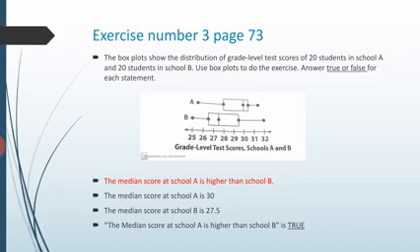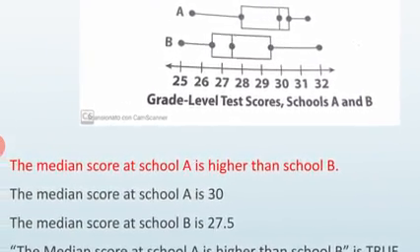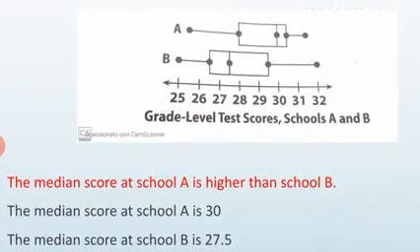They say that the median score at school A is higher than school B. We have said that the median is the vertical line in the rectangle. In the rectangle for A, the median is equal to 30.